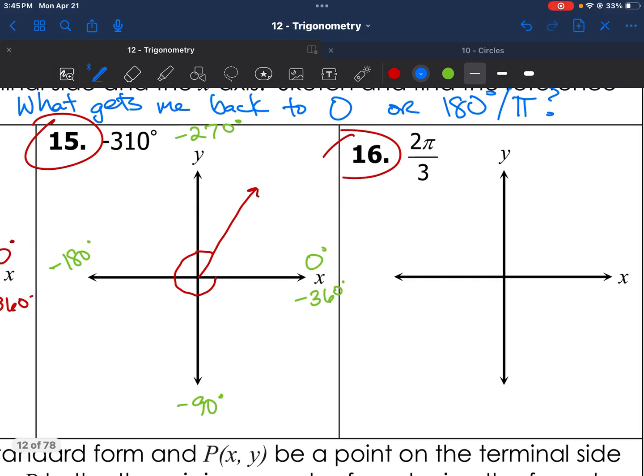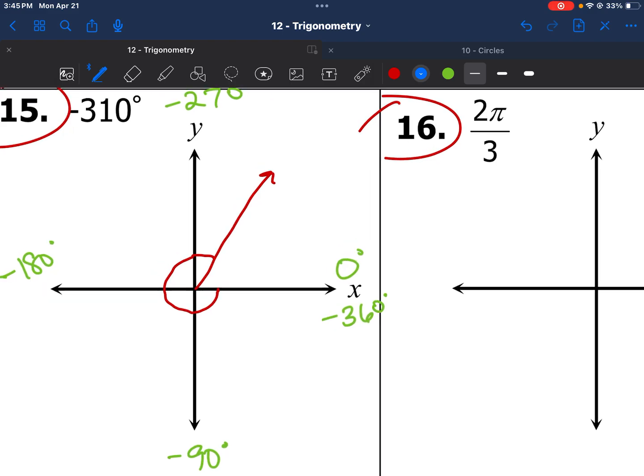But with this one, the extra little bit that I went was, let's just say, negative 40 technically, but I'm going to say we went an extra 40 past the 3/4 turn. But we're trying to get back to the x-axis, not the y-axis. So I am 40 degrees away from the y-axis, but my reference angle is how far away I am from my x-axis. And that angle is 50 degrees. So my reference angle here is telling me how far away I am from getting back to the x-axis. So this one would have to be a 50 degree angle.